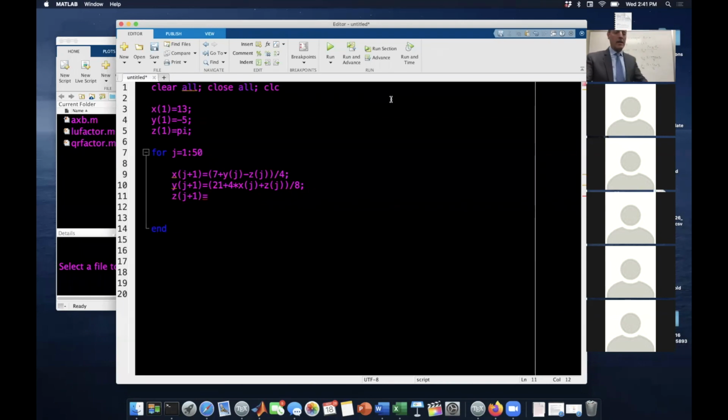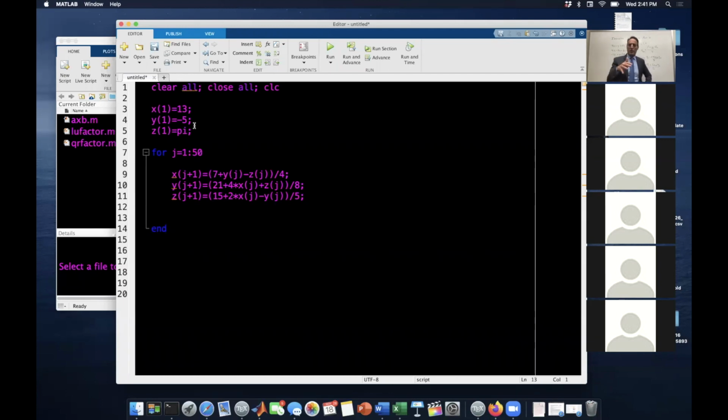And then finally, z sub j is 15 plus 2 times x of j minus y of j, all divided by 5. So there you go. That's my loop. I give you some initial guess. There they are.